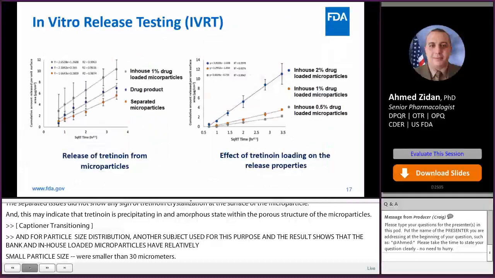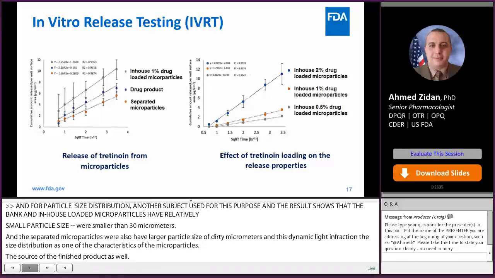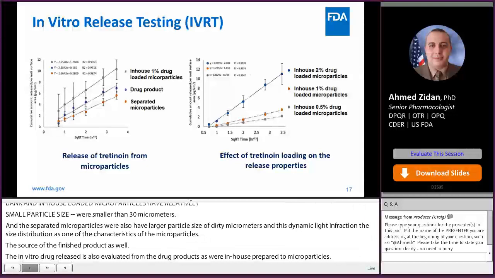The in vitro drug release was also evaluated from the drug product, separated microparticles, as well as in-house prepared microparticles. The release data of tretinoin from the drug product and separated microparticles were almost similar. However, a significantly higher cumulative amount and rate of tretinoin release was observed from the in-house 1% drug-loaded microparticles.